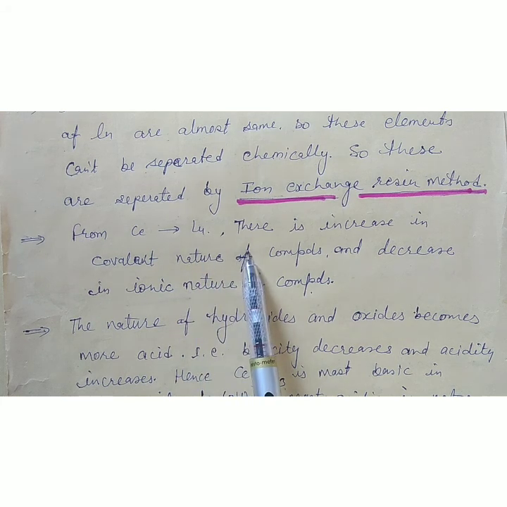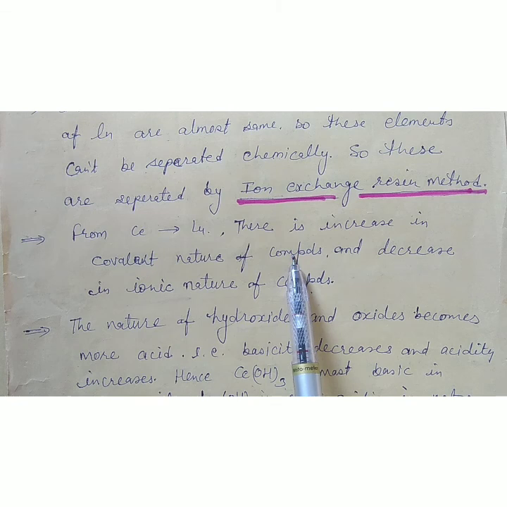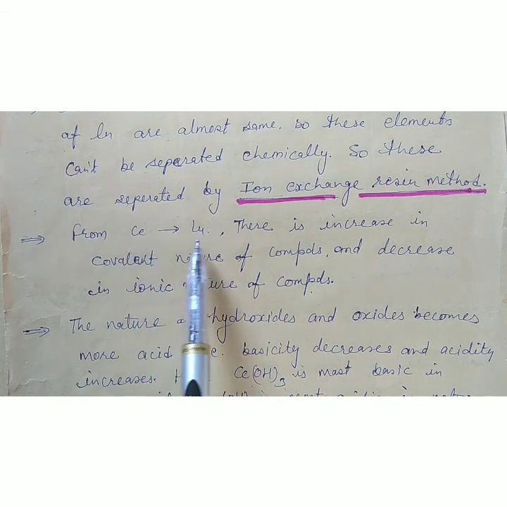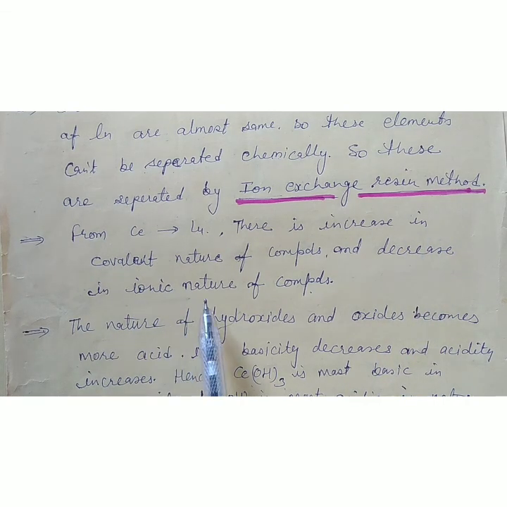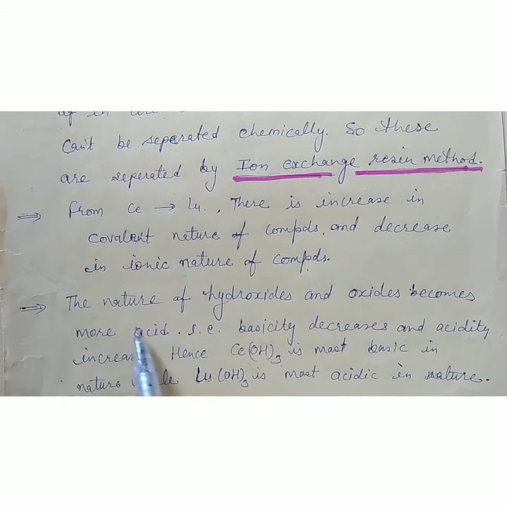As covalent nature increases, acidic nature also increases. So from cerium to lutetium, the atomic radii decrease, so covalent nature and acidic nature of these compounds increase continuously, while ionic nature and basic nature decrease continuously. Okay, so this is the next point.